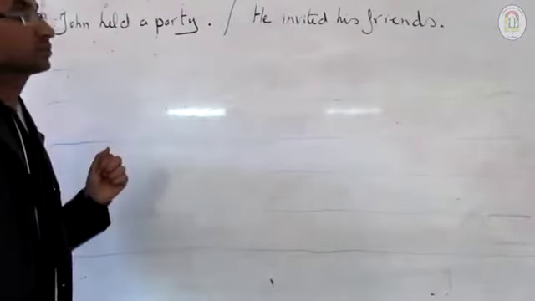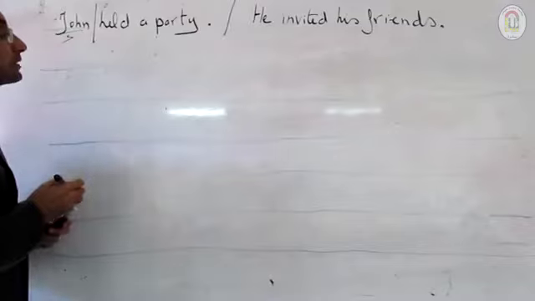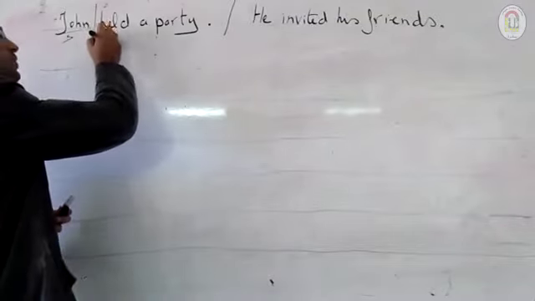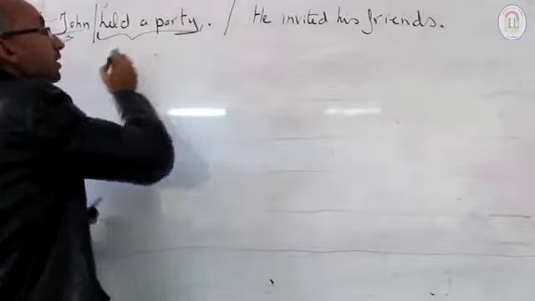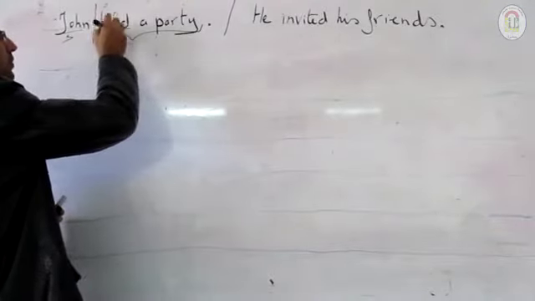Two sentences. The first one contains John as my subject. Now the second one, held a party, contains one predicate with one verb. Held is my verb. So this one contains only one subject and one predicate.